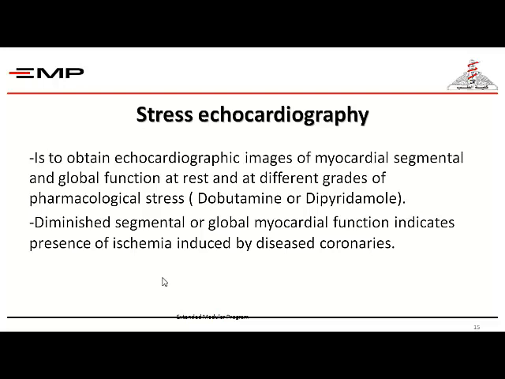You may apply dobutamine, as I said to you, a cardio accelerator, increasing the heart rate, or dipyridamole, which is a vascular dilator, which leads to shift of the blood from the diseased coronary vessels to another healthy vessel, which gives you this contrast and will help you to see the ischemic areas more. Diminished segmental or global myocardial function indicates the presence of ischemia induced by the diseased coronary.